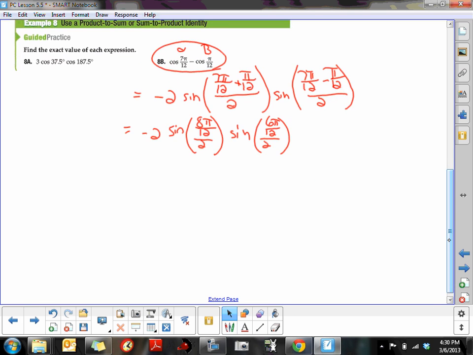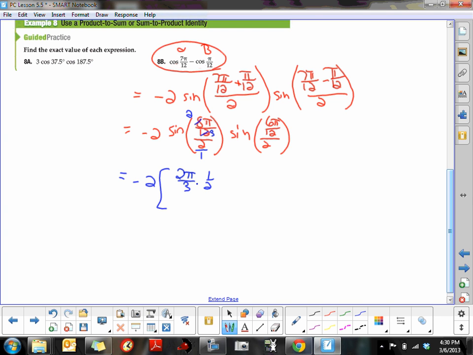So negative 2 times, now this is divided both by 4, 2 pi thirds. Then it's divided by 2 over 1, so I'm going to simplify by taking 2 pi thirds times 1/2. And we got the sine of that. Forgot my sign. So if I just want to simplify, it's going to be the sine of pi thirds.